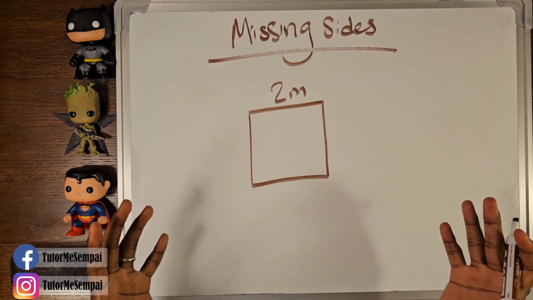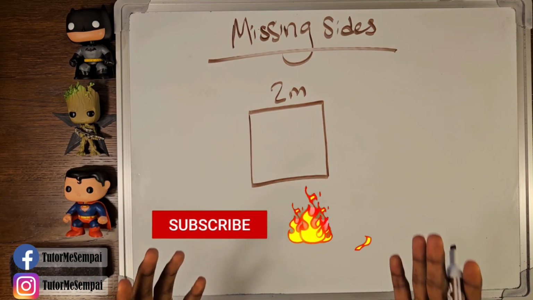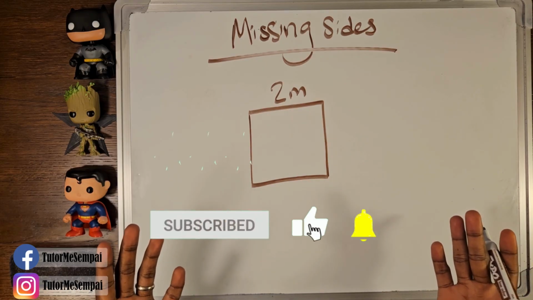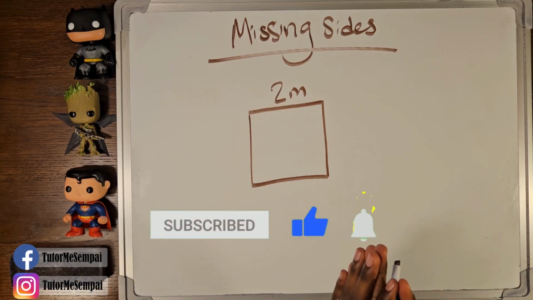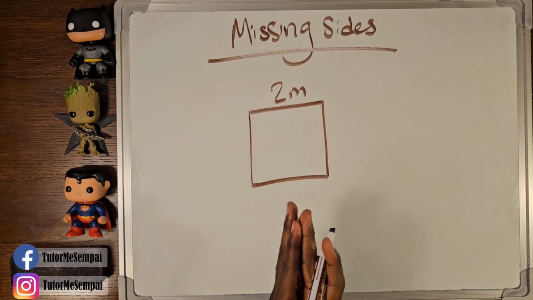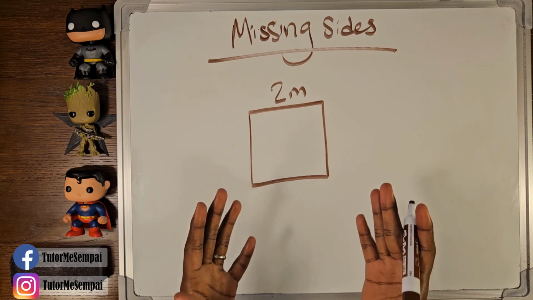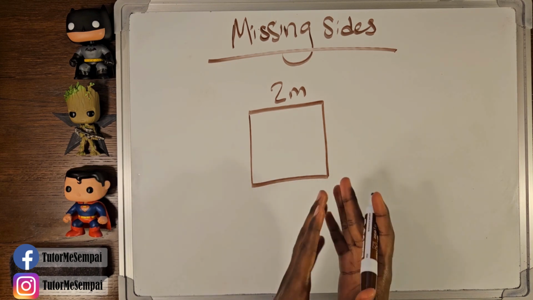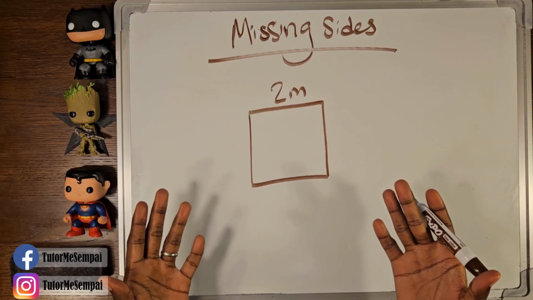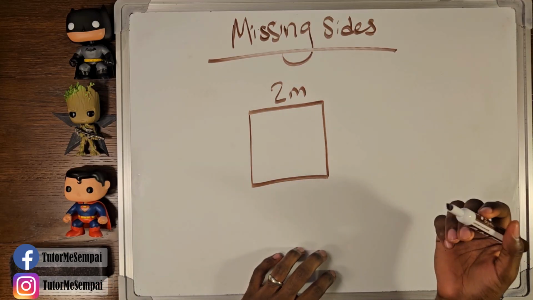Now, there may be some times when you're given a question and you don't have all of your sides. Well, what does that mean? Does it mean that the person forgot to give you information? Not necessarily. Sometimes when you have your missing sides, that just means that the other sides are going to be the same as something that's already there. So in this case, we have something where we have one side and we're not giving any of the other 3.